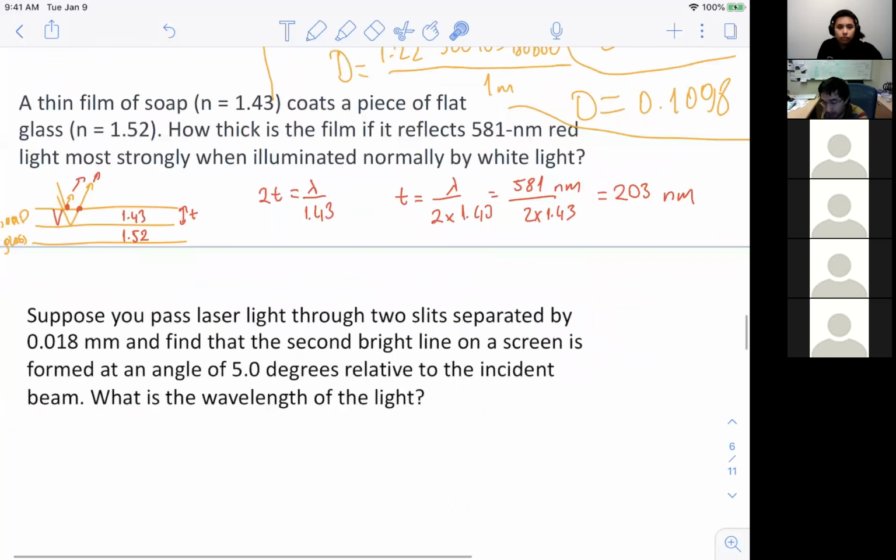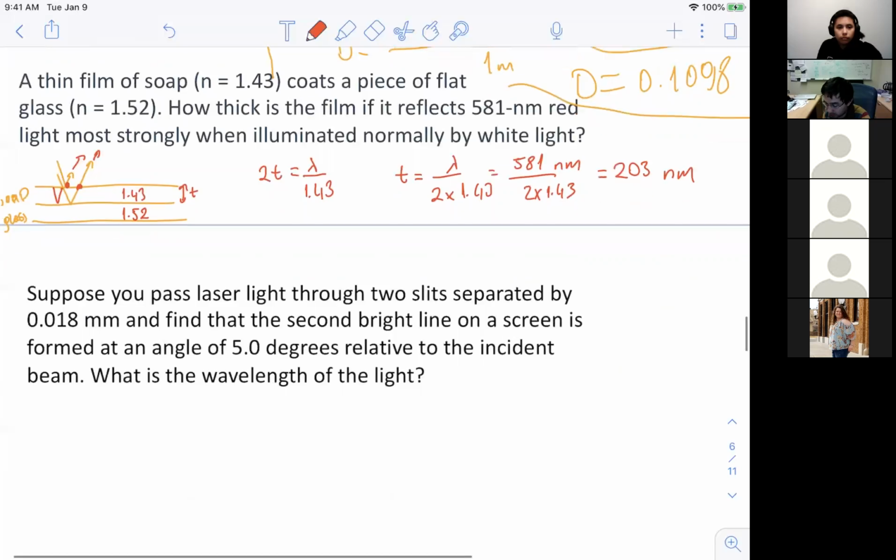And for the next problem, we have a diffraction grating experiment, or 2-slit experiment.